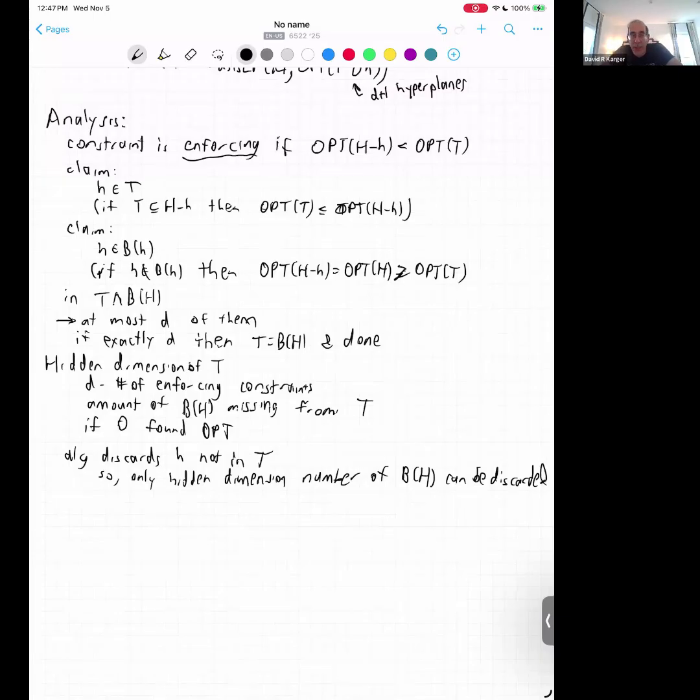So if the hidden dimension of T is very small, then we are very unlikely to discard one of the optimum hyperplanes, right? Where sort of T is safeguarding a set that we think has a lot of the optimum hyperplanes in it. So we don't discard from there. And that means that our chances of discarding an optimum hyperplane are very small. They're just equal to the hidden dimension divided by n, right? So the probability that we have to do a fix is at most the hidden dimension divided by n minus d. Okay.